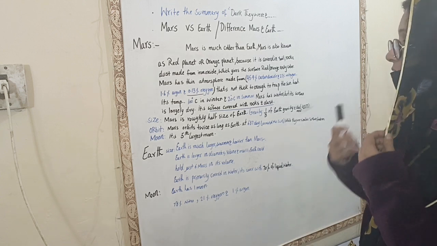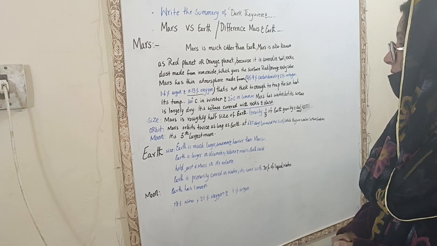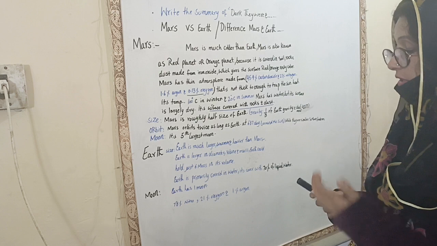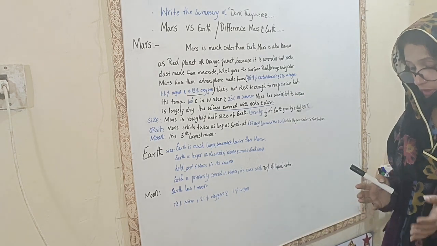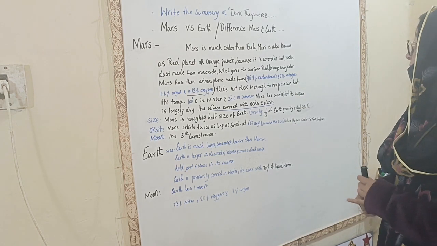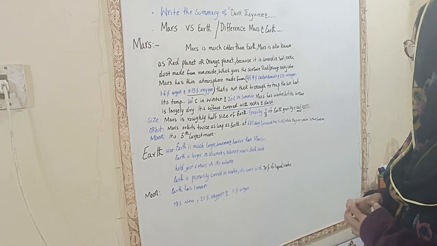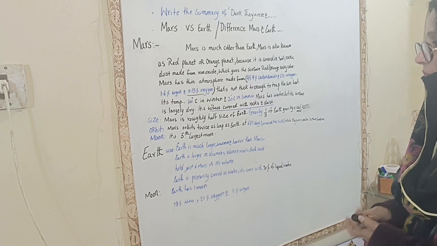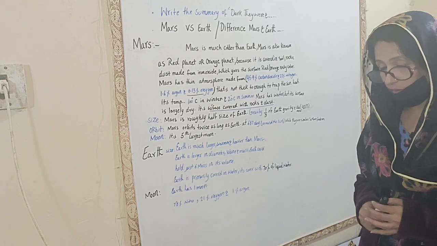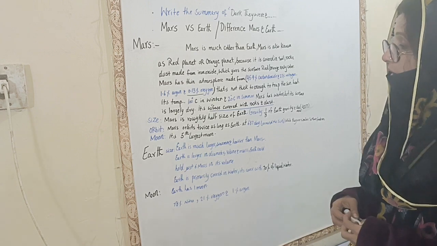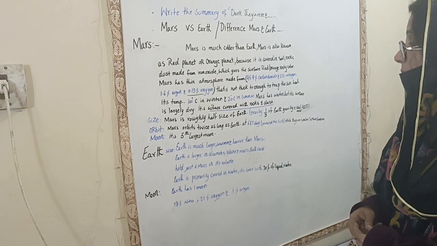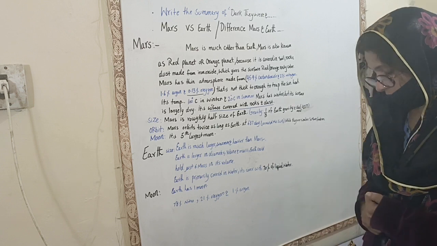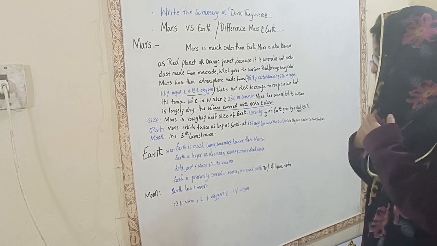Okay, students. So Mars is roughly half the size of Earth. Gravity is one-third of the gravity of Earth, and the diameter is 4217. Mars orbits the Sun in 687 days, twice as long as Earth.